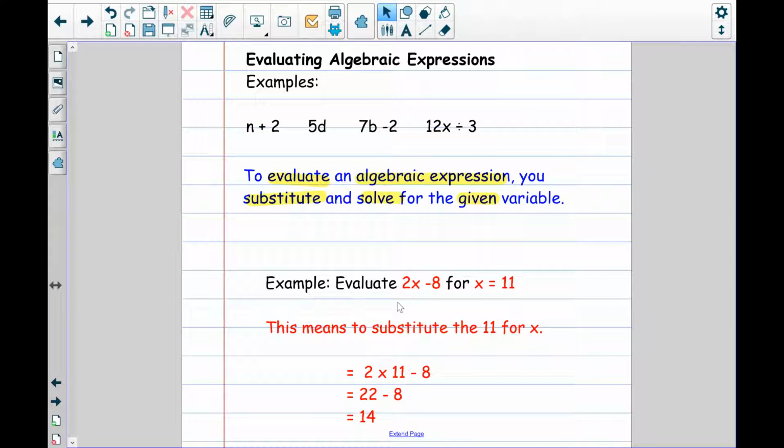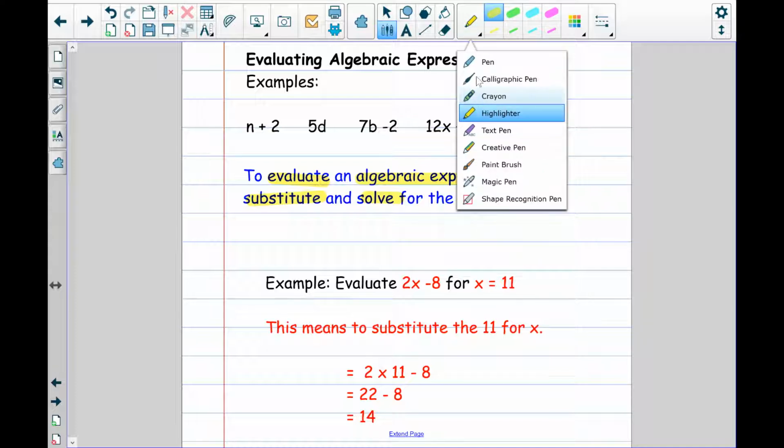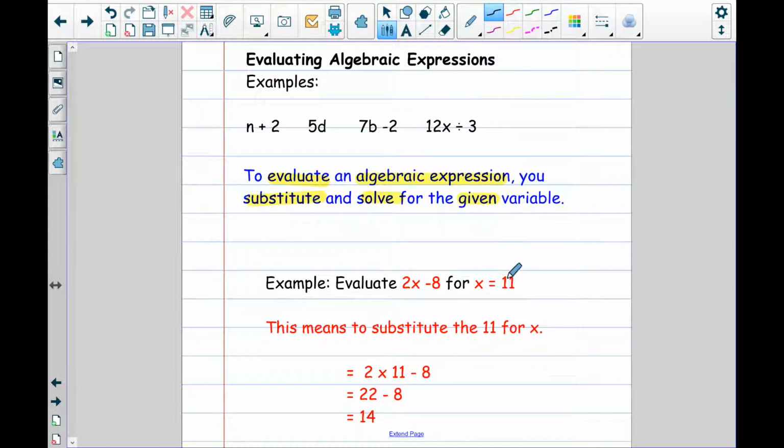For example, if we were given evaluate 2 times x minus 8 for x equals 11, that means I want you to plug in 11 into the place of x. You're going to substitute 11 for x.